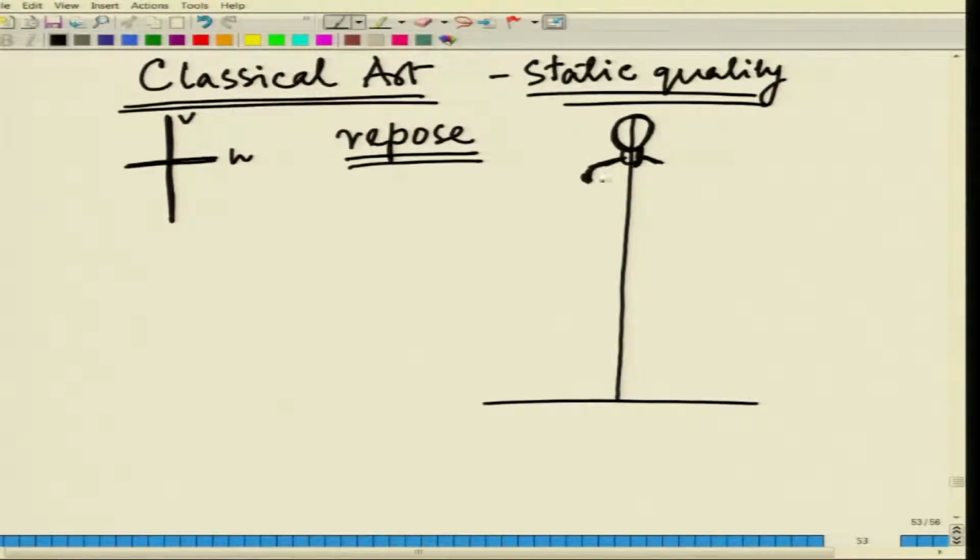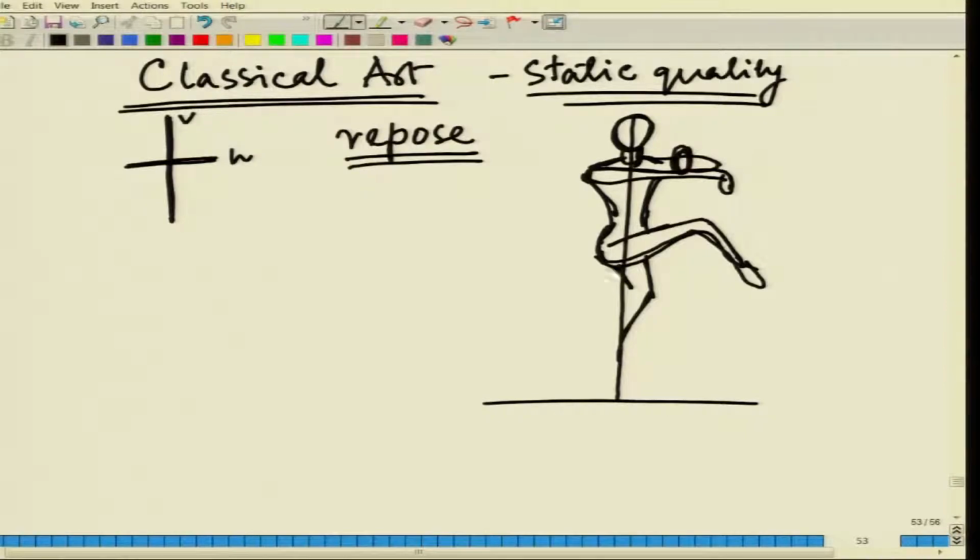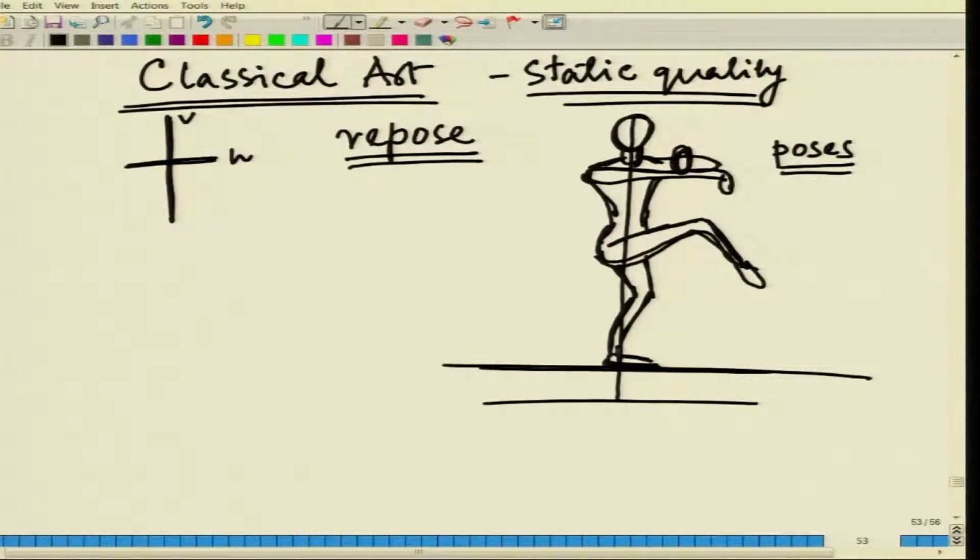For example, if it is a dancing figure, we can only consider forms or poses that have a stability.